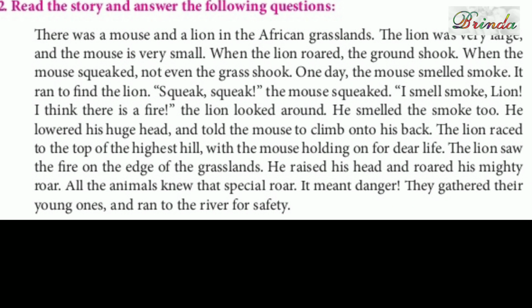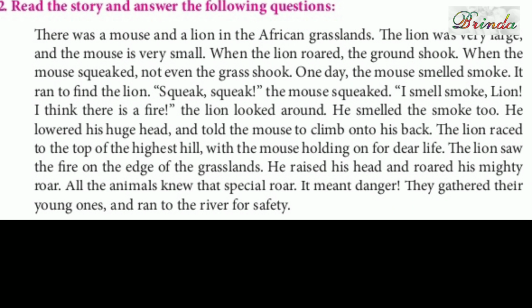Squeak! Squeak! The mouse squeaked. I smell smoke, lion. I think there is a fire. The lion looked around. He smelled the smoke too. He lowered his huge head and told the mouse to climb onto his back.